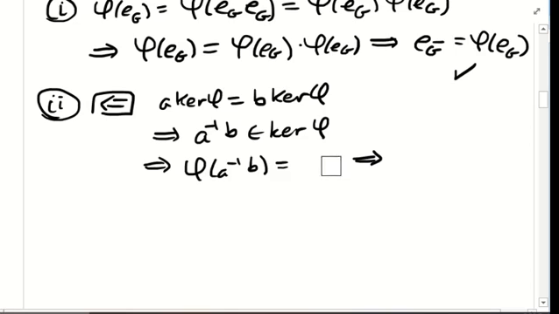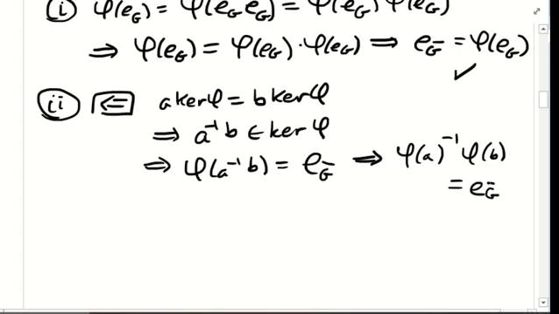We don't know that's the identity. Oh wait, yes, no, that is okay. It's in the kernel, so yeah, that's the identity. But that means by the fact that it's operation preserving, right? I can distribute essentially this phi symbol, and so that means again that this is true. Okay, so that's one direction.